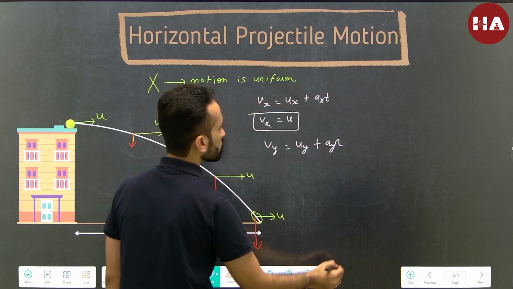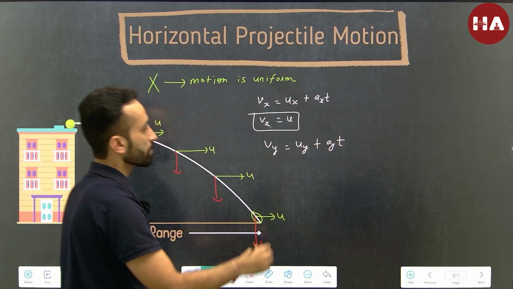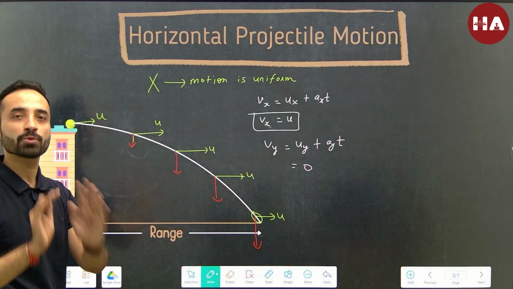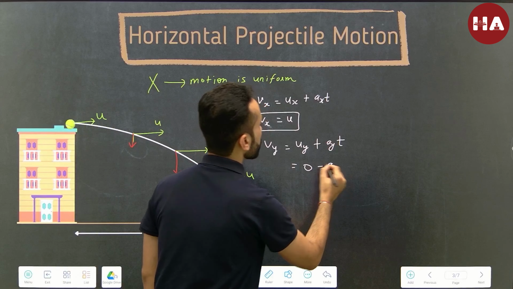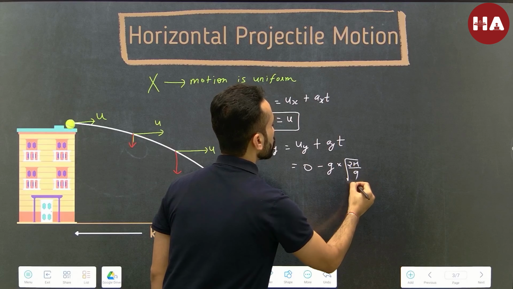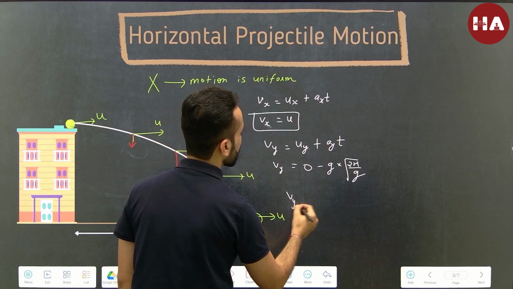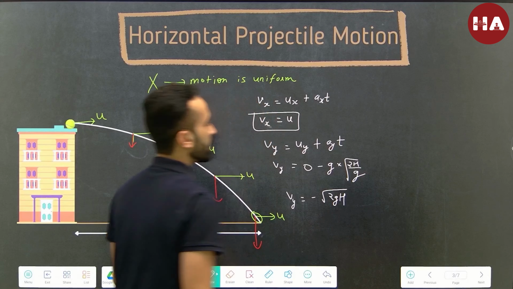What is uy? 0. Initial velocity was purely in x direction. Again reminding you. What is ay? Minus g. And what is the time? Under root of 2h by g. So what is the value of Vy that we are getting? So we are getting minus root 2gh.